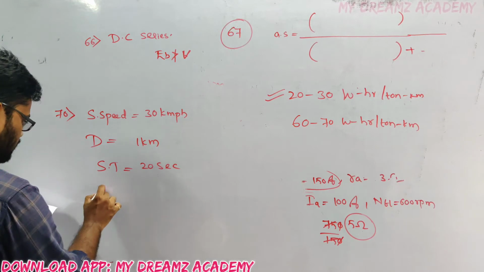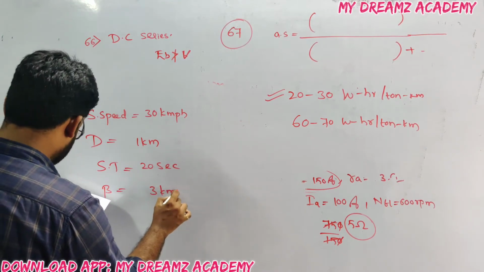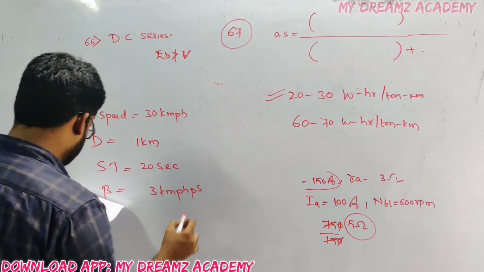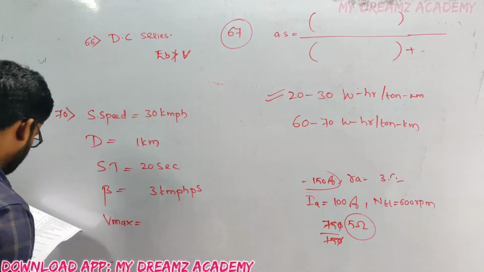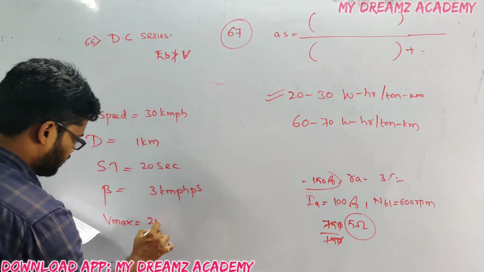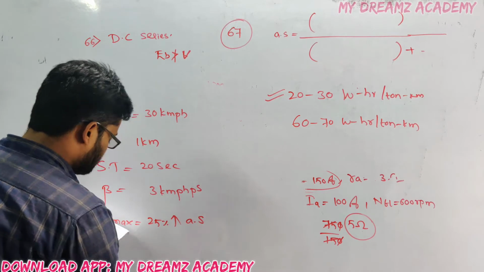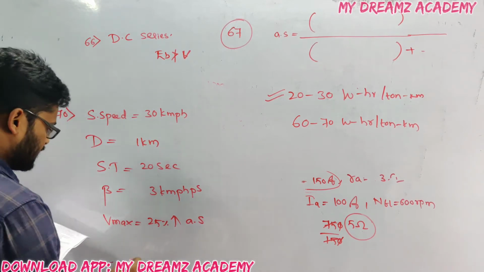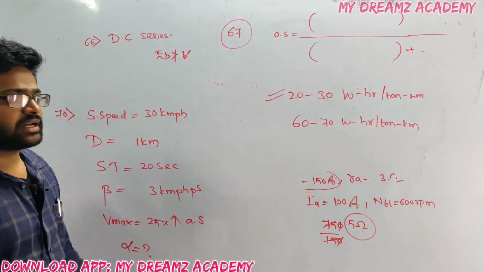Retardation beta is equal to 3 kmph per second. V maximum, that is maximum speed, is 25% greater than the average speed. Then calculate the acceleration alpha value. We need to calculate alpha value.